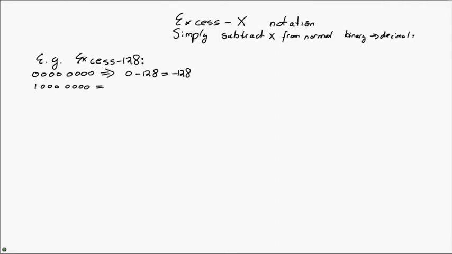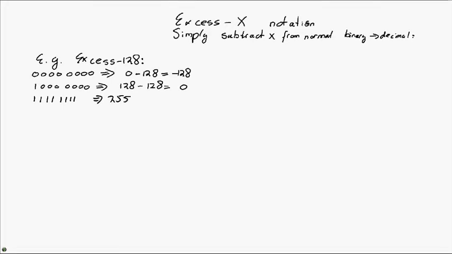A 1 followed by only zeros is exactly 128 in binary. So, in the excess 128 notation, there is once again 128 too much, so we subtract it and we get 0. And then the largest possible number that we can create in these 8 bits is only ones.